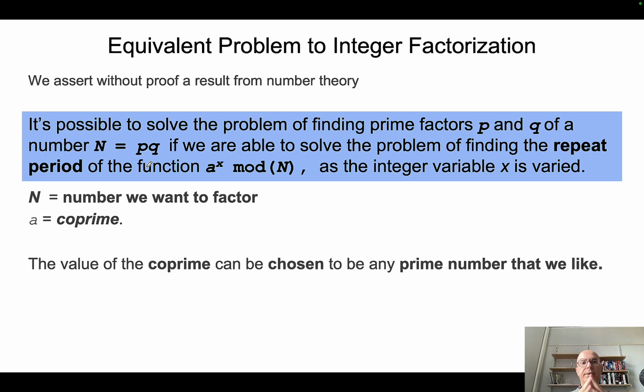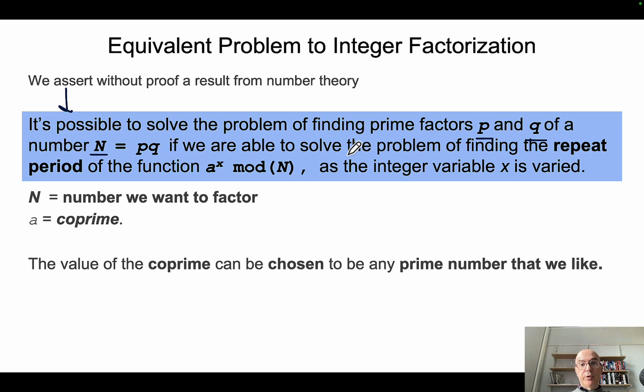And what does this assert? Well, it's possible to solve the problem of finding prime factors p and q. This will be the output that you want to achieve with Shor's algorithm: to determine p and q, to factorize our number n, so n equals pq.